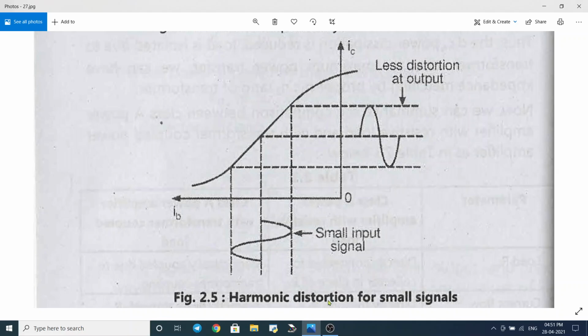This figure shows the harmonic distortion for small signals.